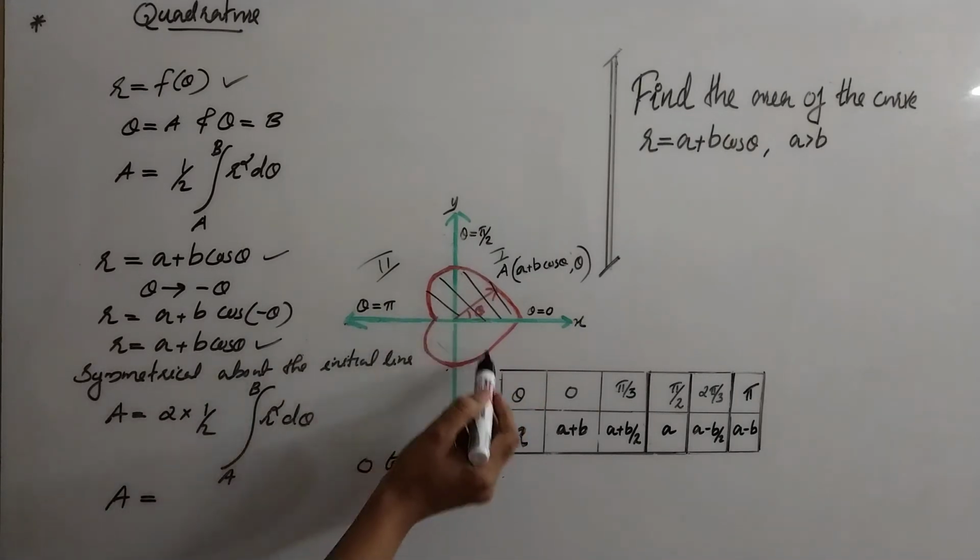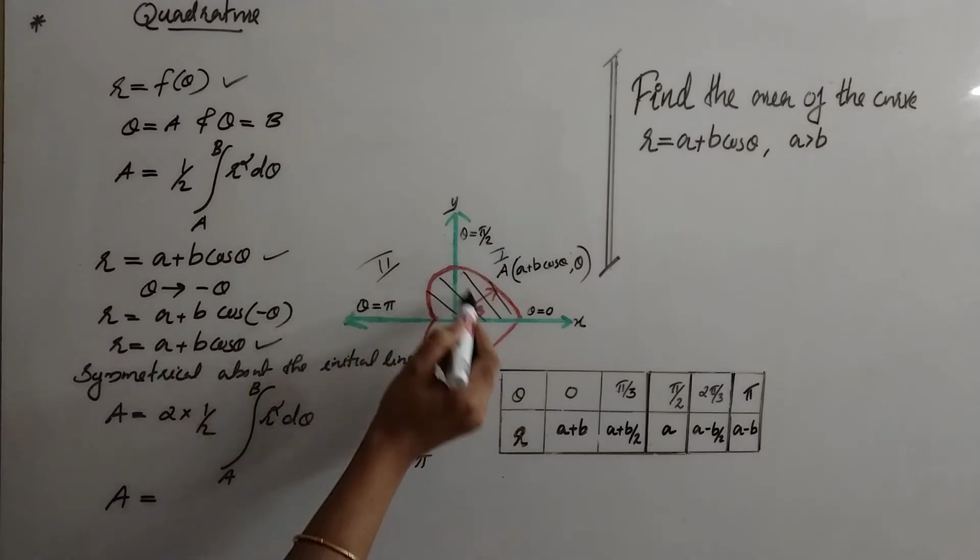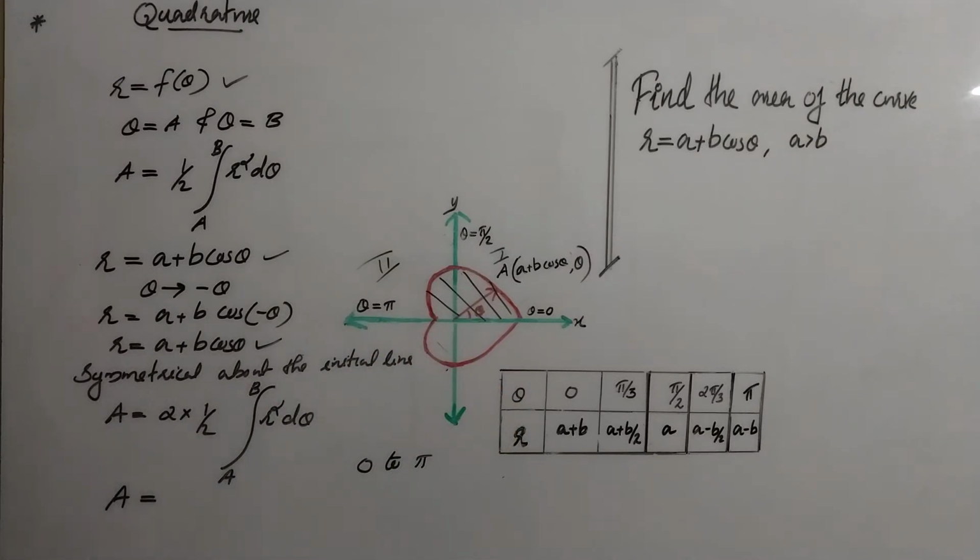To get the complete area, 2 times this area gives you the complete area of the curve. That is, 2 into 1 by 2 is 1, limits of integration from 0 to pi, r squared is (a + b cos theta) the whole squared d theta.